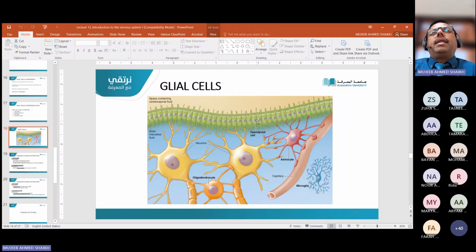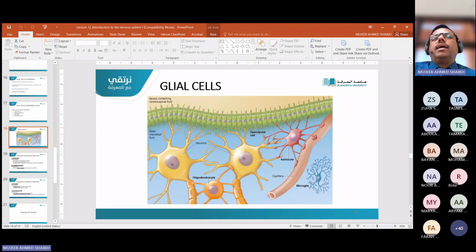So these are the ependymal cells and they are lining the cavities. And these cavities are also receiving capillaries. All of them will lead to form the choroid plexus. Choroid plexus is nothing but the combination of capillaries and ependymal cells because the cells require blood.